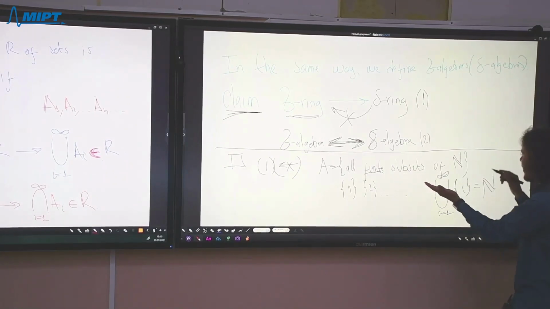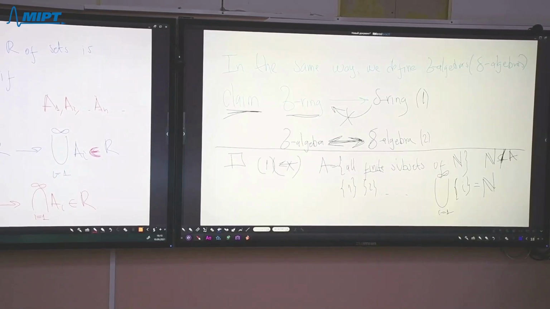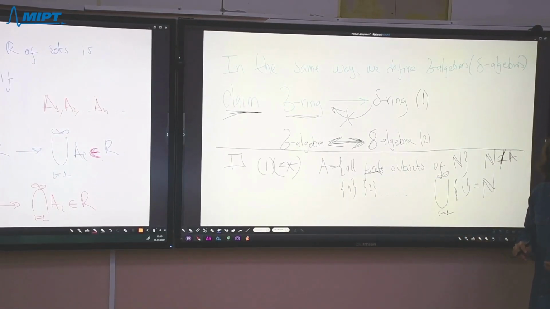So n is not a subset of A, right? Because these are finite.